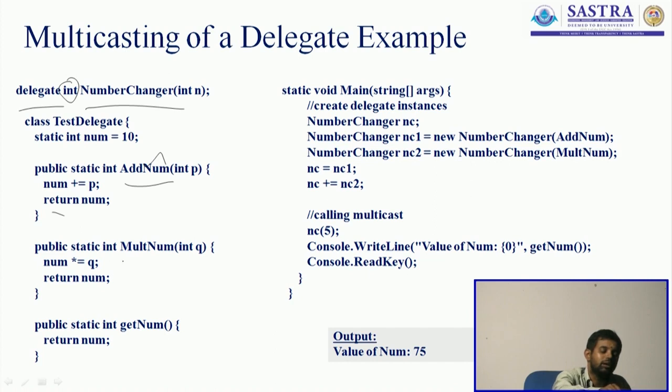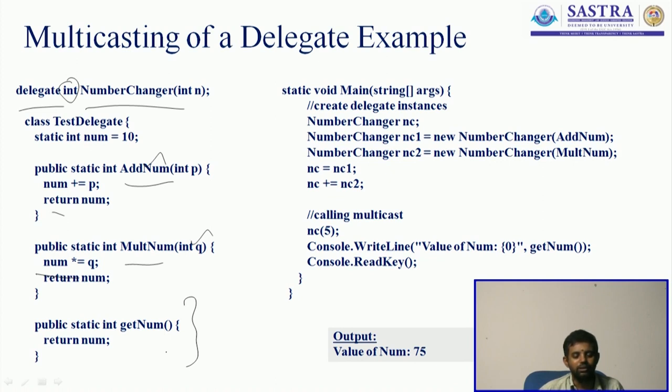In the same way, for MultNum, we are performing the multiplication. The value which is residing in the variable q will be multiplied with num, and the final outcome will be returned. So if you simply call this GetNum, you will be in a position to obtain the value which is stored in the num variable, right?